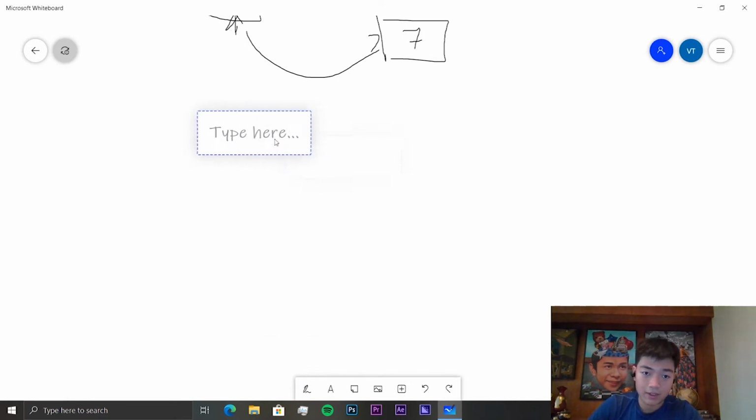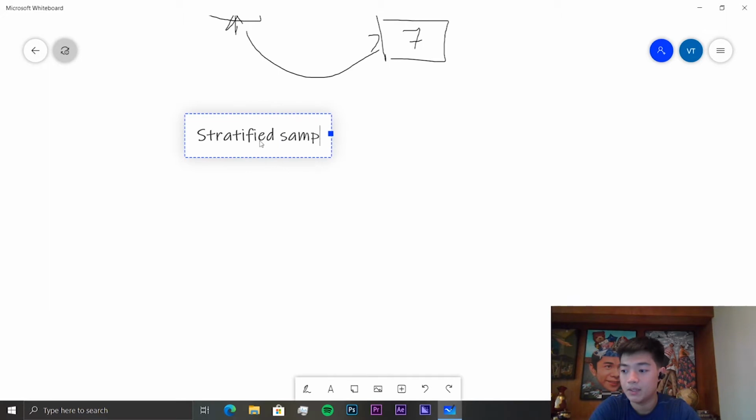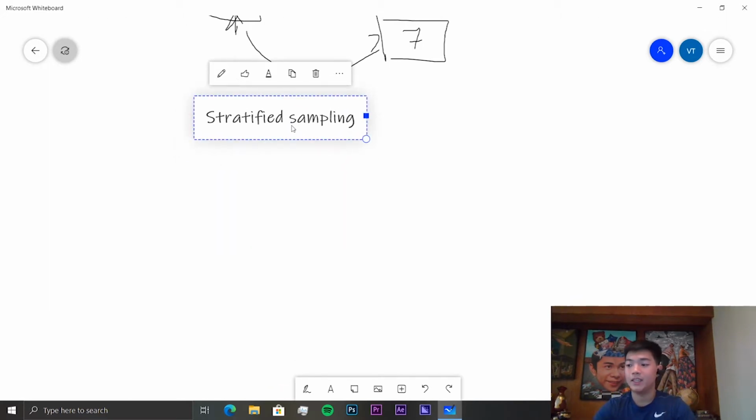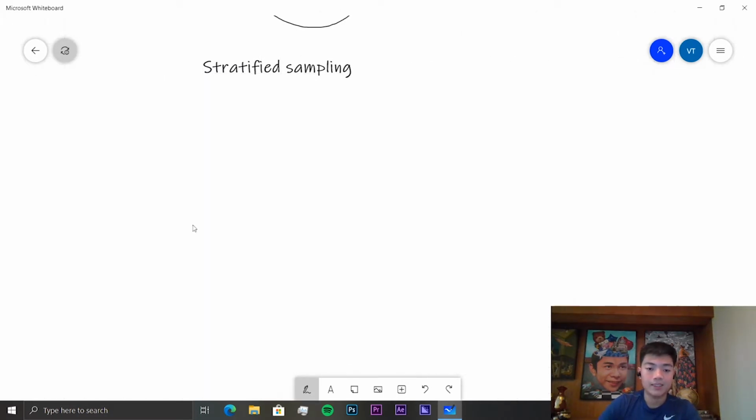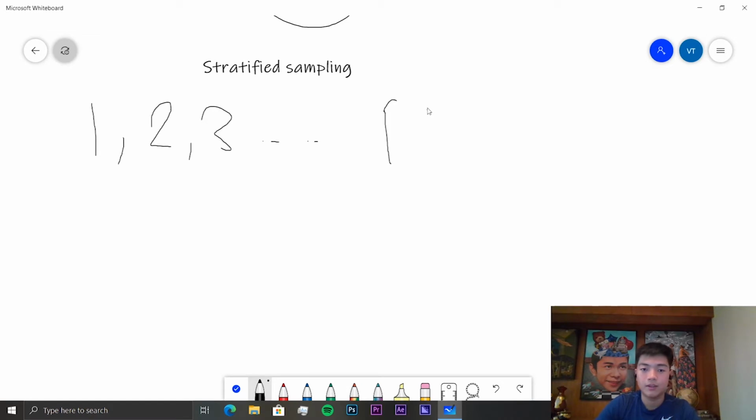So continuing with our example, we have stratified sampling, and this involves dividing the population into non-overlapping smaller groups and then choosing a random sample from each group to form your sample. An example again is we have the numbers 1, 2, 3 up to 100.